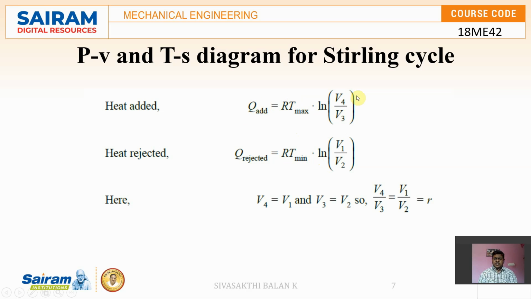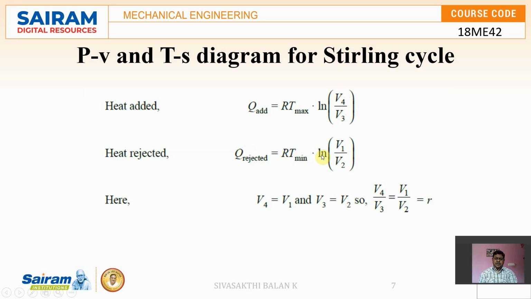We know this relationship which we derived in basic thermodynamics: heat addition is m R T ln of V4 by V3 when the temperature remains constant. Assuming mass as 1 kg and the temperature as the maximum temperature, the heat addition is R T max ln of V4 by V3, and in the same way heat rejection is R into T min ln of V1 by V2.